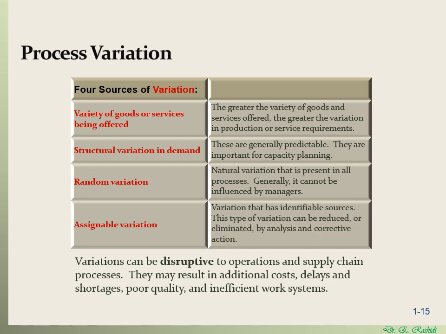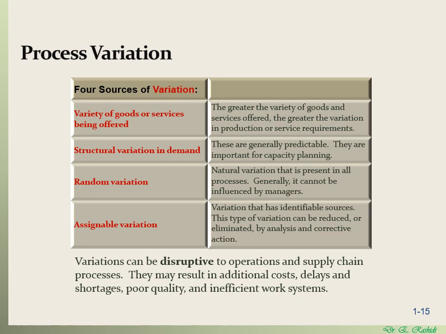Next is the structural variation in demand. This is in the market, not in an organization. These variations are generally predictable, and they are important for capacity planning: predicting the variation in demand and, based on that, deciding and planning the capacity of your production or service offering.